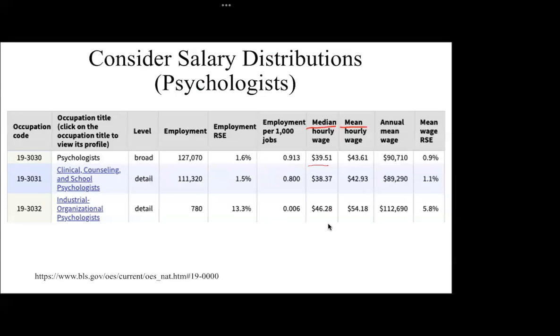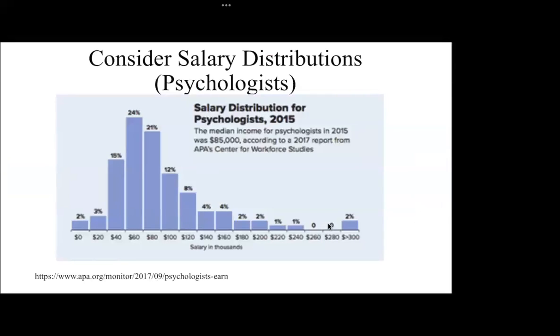And you can see that the mean in pretty much every category, for psychologists in general, but also clinical psychologists and industrial organizational psychologists, is always higher than the median, which suggests to us that there is some skew in the distribution, with potentially fewer people making more money and more people making less money. And that particular kind of deduction actually plays out in the data.